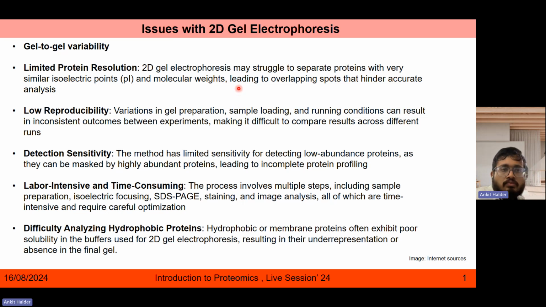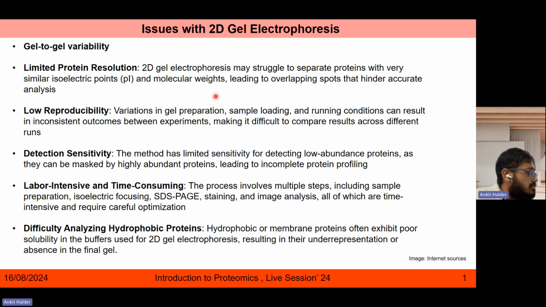You have seen the very overlapping spots, right? These are very difficult to handle if you don't maintain the conditions.